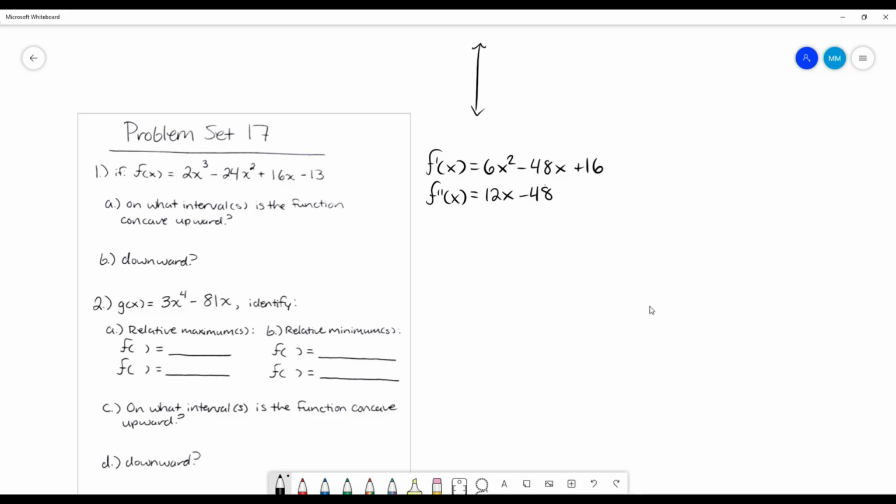And if anybody's unclear as to what an inflection point is, say I've got a graph that looks like this, right? So here it's obviously concave downward, here it's obviously concave upward, but at some point it has to switch in there. And so right here, for example, would likely be one of those points.